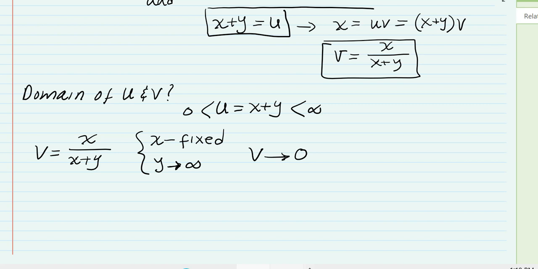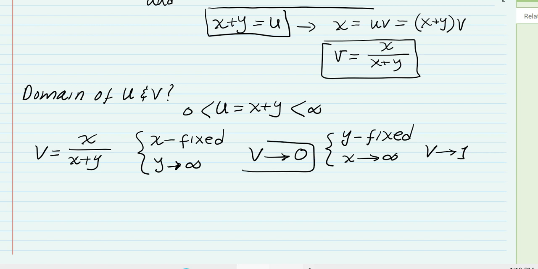So v approaches 0. And then next, what if we fix y and let x run to infinity, getting very large? For a fixed y, the ratio is going to be like x over x plus a constant, and that ratio is 1. So v approaches 1.